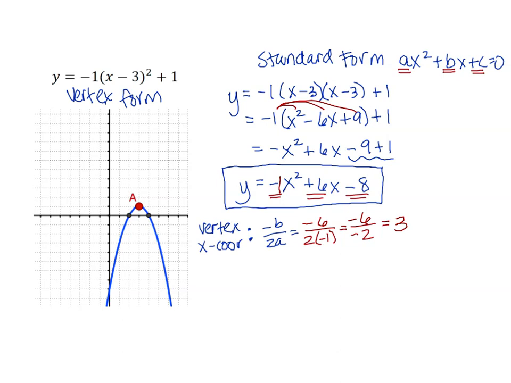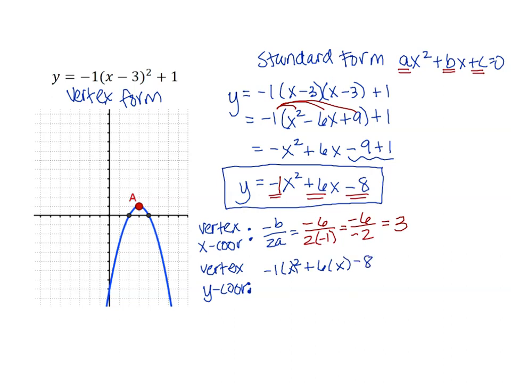And now to get the y-coordinate of the vertex, I plug that back in. So my original equation was negative 1 x squared plus 6x minus 8.